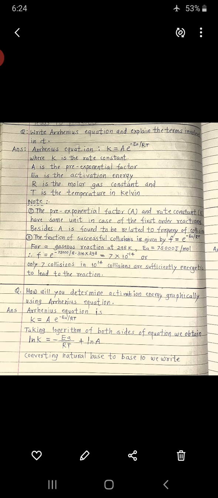That gives the correct answer, 7 into 10 raised to minus 14. It gives f is equal to 7 into 10 raised to minus 14, or only 7 collisions in 10 raised to 14 collisions are sufficiently energetic to lead to the reaction. Okay, this is the note.